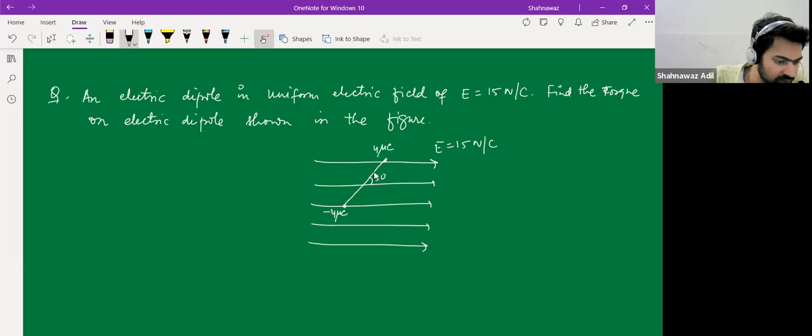And what do you also need? This distance is 3 millimeters. So you have all the information, you guys calculate. Find out what is tau, and then tell me the answer.